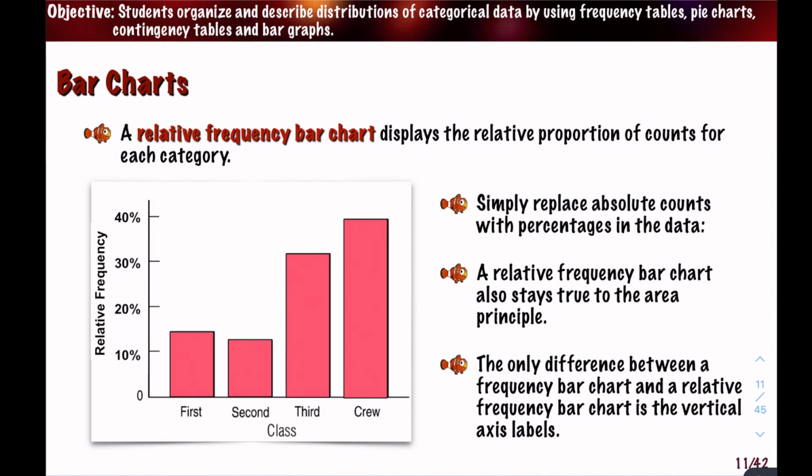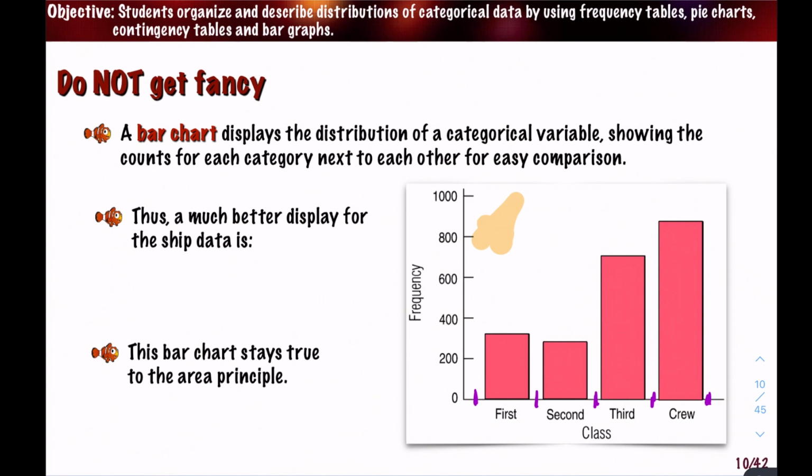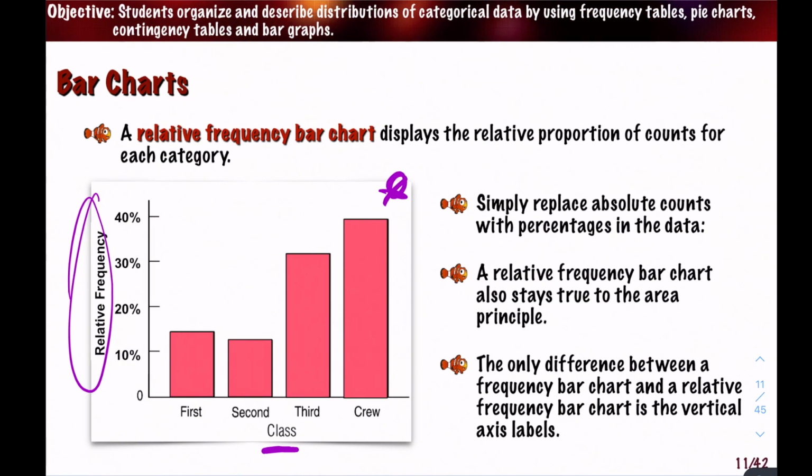The relative frequency bar chart also stays true to the area principle if we showcase this picture here. The only difference between a frequency bar chart and a relative frequency bar chart is the vertical axis. Also note that these axes are always labeled. Here we have percentages, and if we go back here, we show the frequency in terms of counts. So these are the people in each one of those bins.